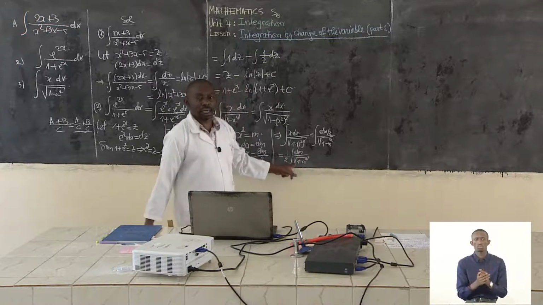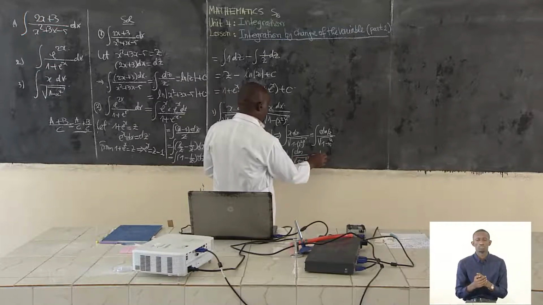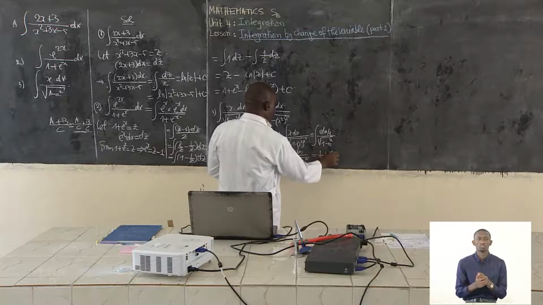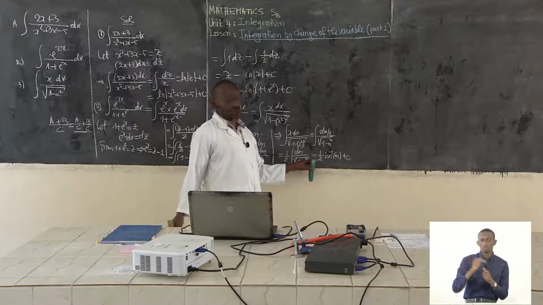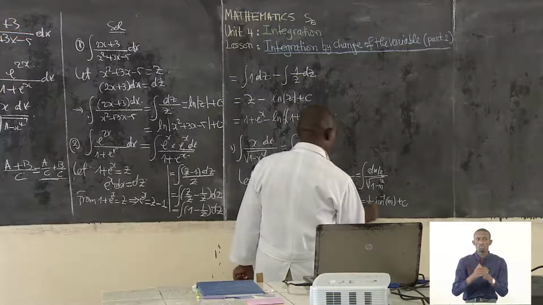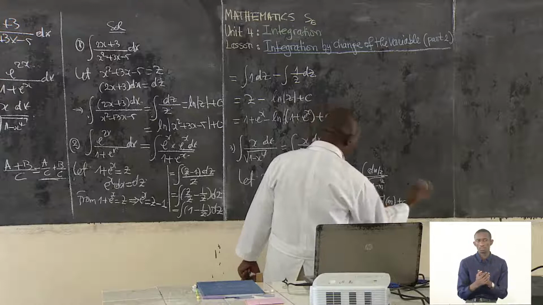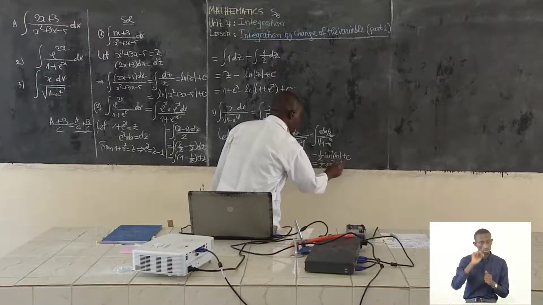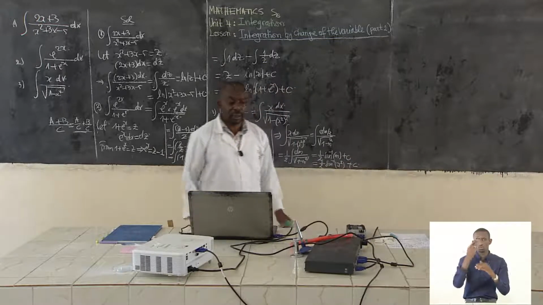This is a standard one. It means that you have a half sine inverse of m plus c. Then you replace m by its value. The answer is a half sine inverse, or arcsine, of x squared, plus c, and I'm done.